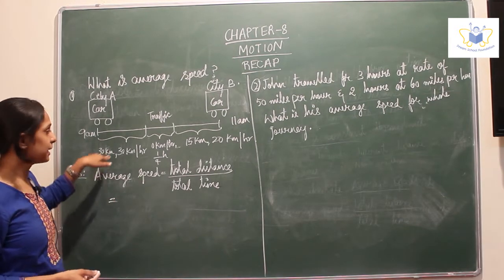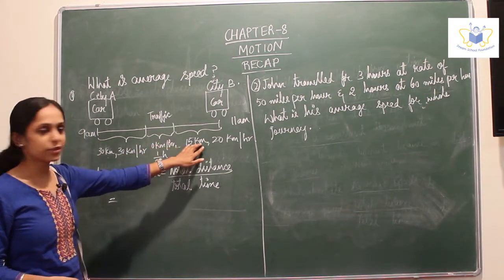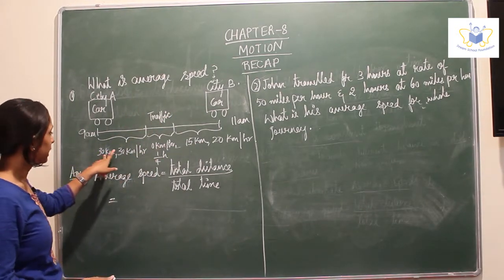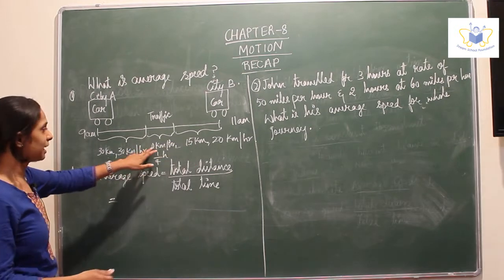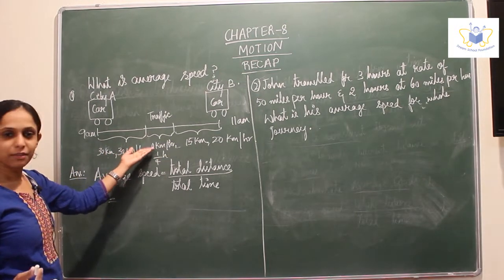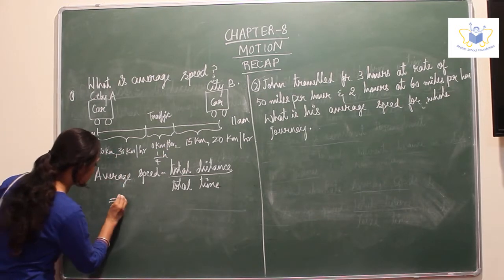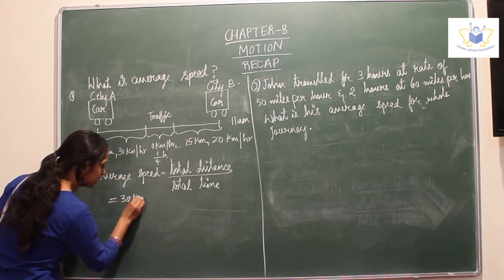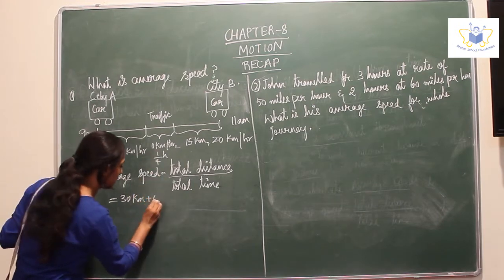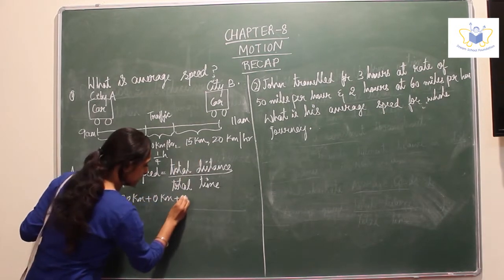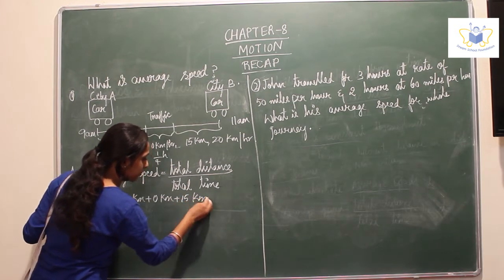First 30 kilometers, next 0, next 15. From city A to city B, what is all the distance covered? 30 plus 15. You can take 0 also, which makes no difference, if you have any confusion. So total distance is 30 kilometers plus 0 kilometers plus 15 kilometers.